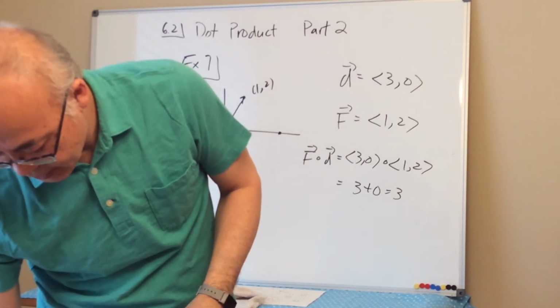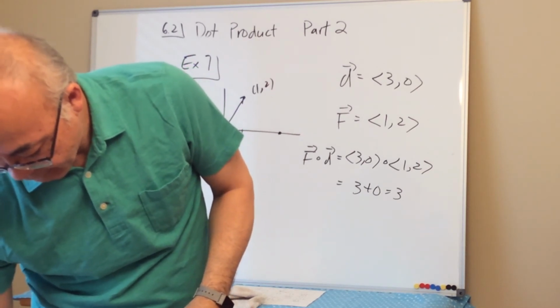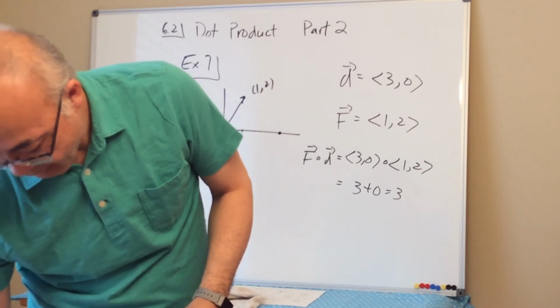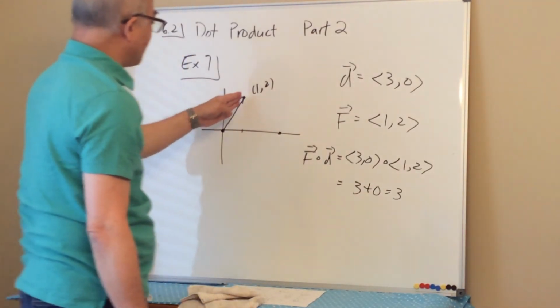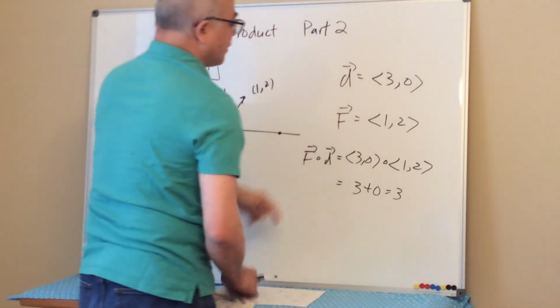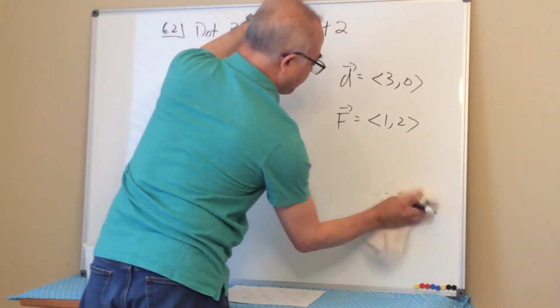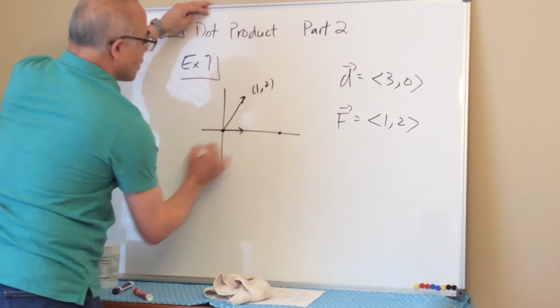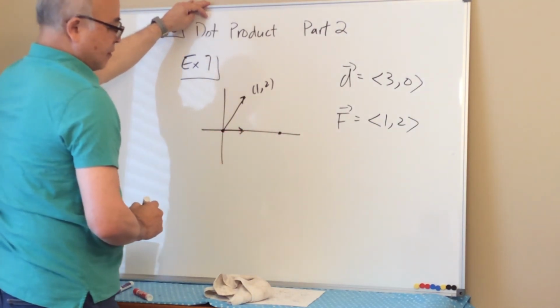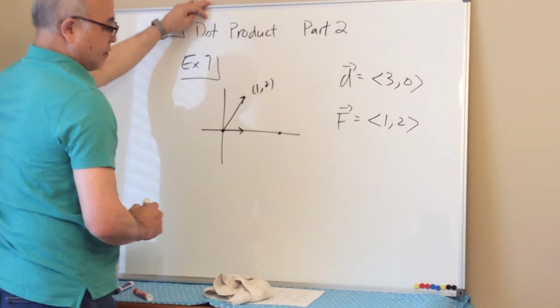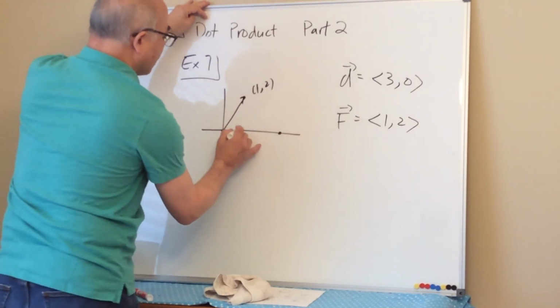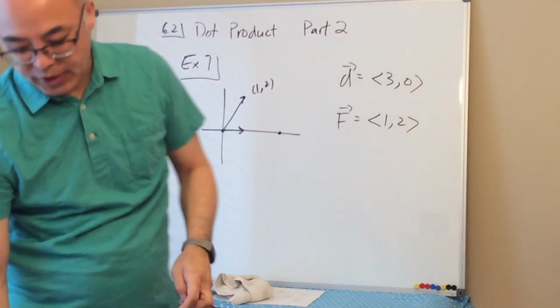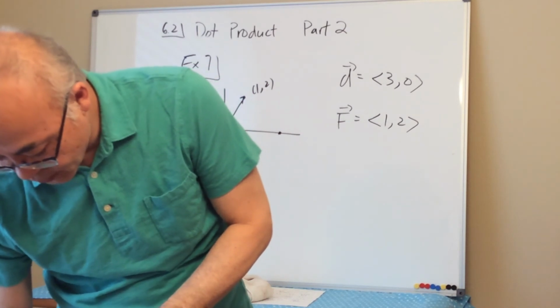That's not correct, is it? So this is the force here, 1 and 2. So the work actually going this way is just 1... well, 1 times 3, it should be 3. But what are we trying to find though?